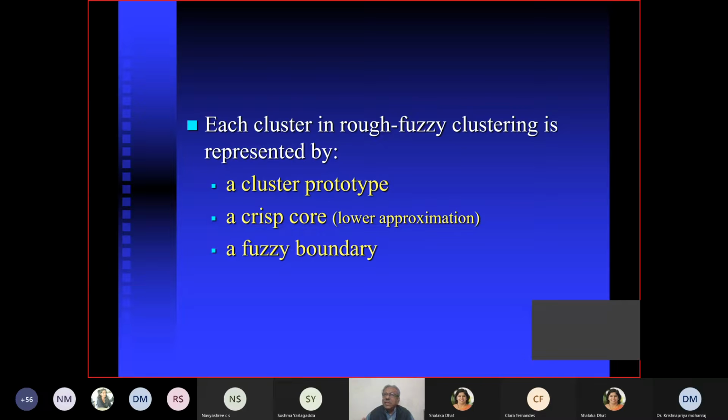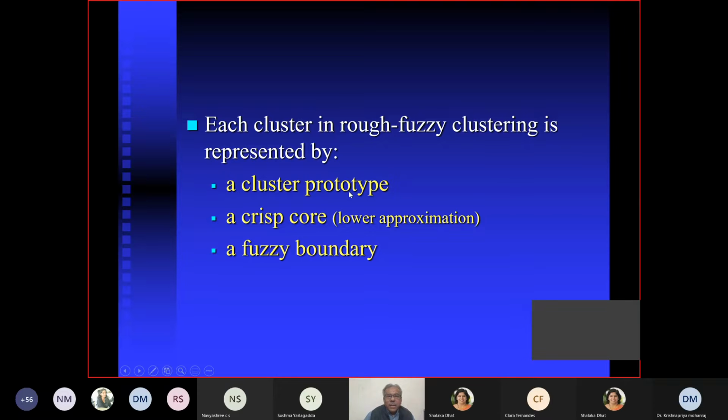So one by one, if you look at it, if you have hard C-means clustering, what are you characterized by? You get a centroid point and the boundaries. The centroid points tell you everything. You do not need anything else. If you want, you can say the cluster has a hard boundary.